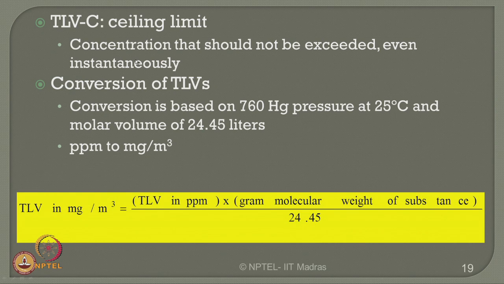So if you know the TLV in parts per million, and you know the gram molecular weight of the substance, then multiply that and divide by the molar volume of 24.45, and you can find TLV in terms of milligram per cubic meter. Alternatively, if you know the TLV in milligram per cubic meter, you can always cross multiply and get the equivalent TLV in parts per million. So TLVs are available for all chemicals in both the formats, either in ppm or in milligram per cubic meter.